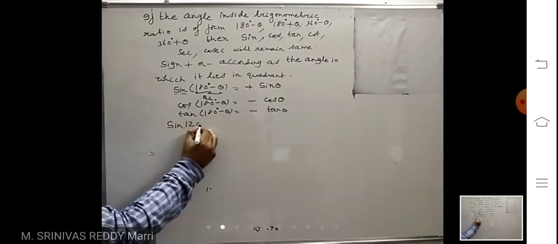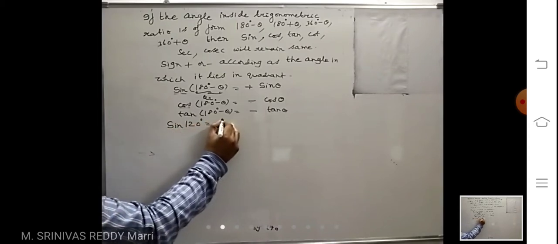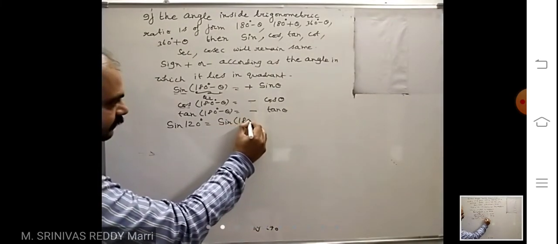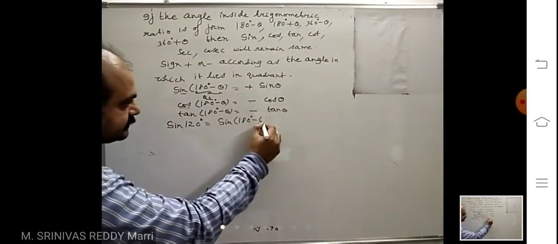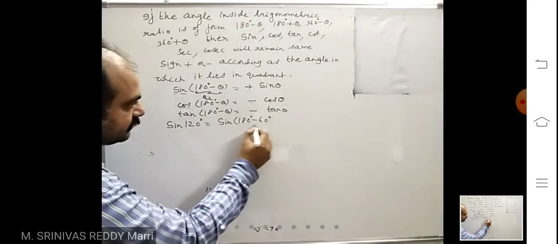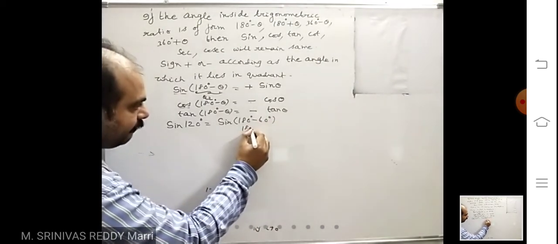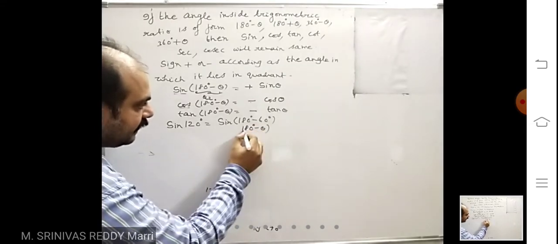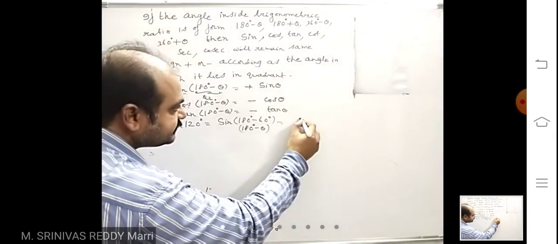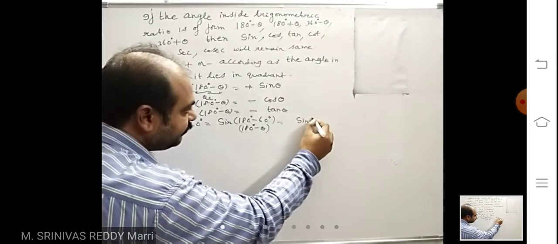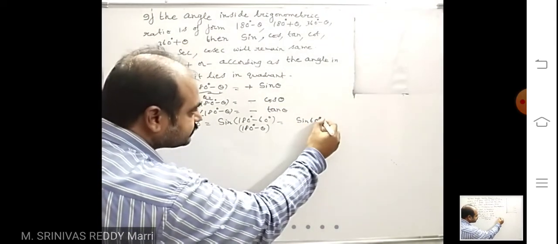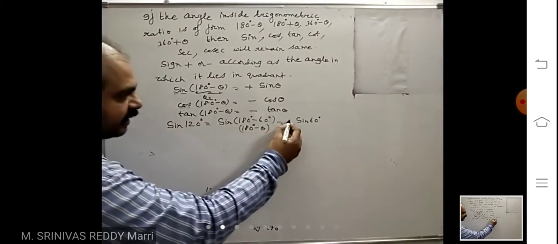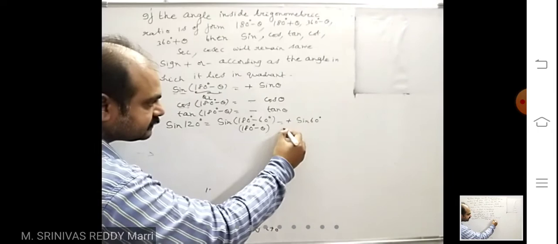Suppose take an example. Sine 120 degree. I am writing this as 180 degree minus 60 degree. So this angle is of the form 180 degree minus theta. So theta is 60 degree. So its value will be sine theta. You write sine theta. And then 180 minus theta is in quadrant 2. That means plus.